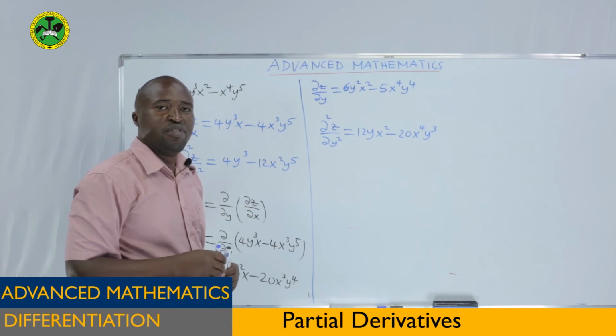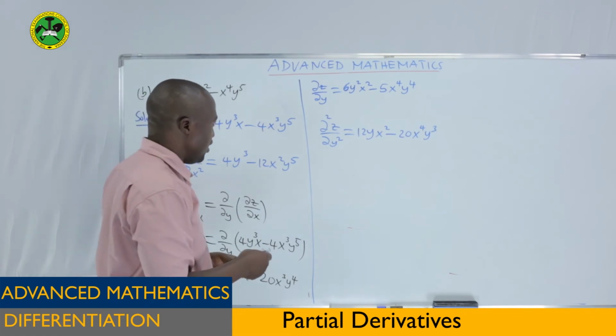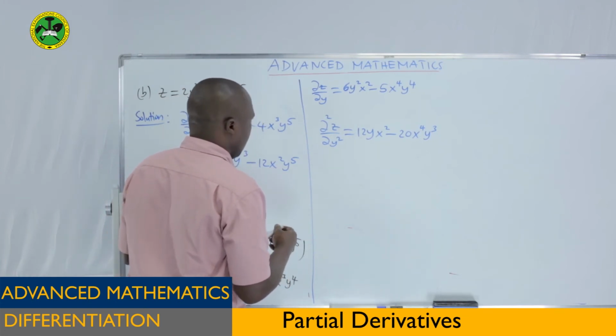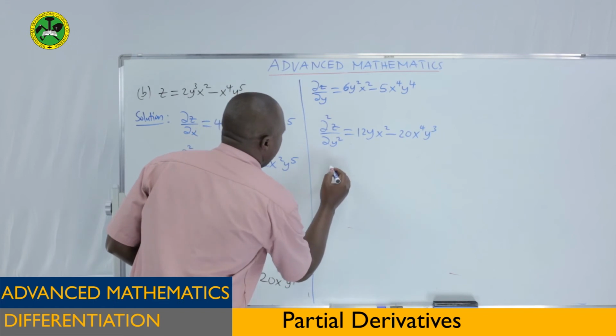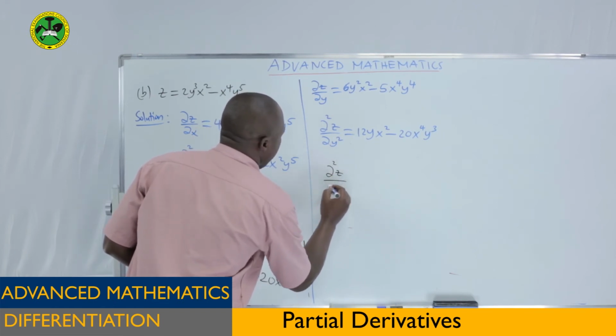And we'll finish up with another second order partial derivative with respect to y and x. So this time we have the second order partial derivative of z with respect to x and y.